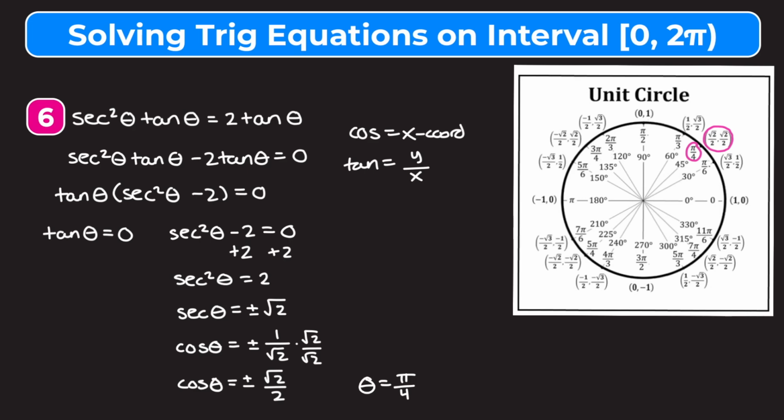And now we're basically just going to take every angle that has a denominator of 4 because we're looking for angles in all four quadrants for this one, but I'll show you guys on the unit circle. So again, we want to figure out where cosine is positive or negative root 2 over 2. So our x-coordinate can be a positive root 2 over 2 or a negative. So in the second quadrant, we get 3 pi over 4.